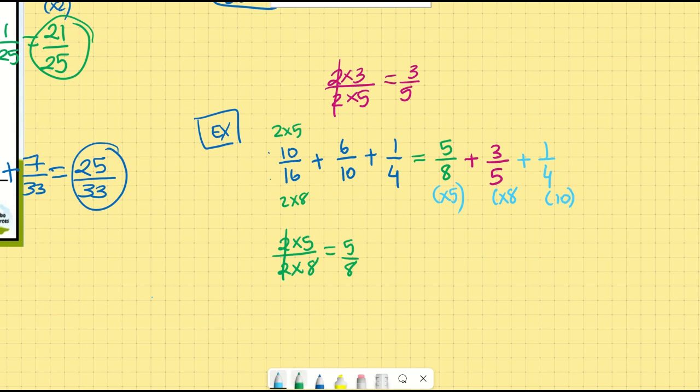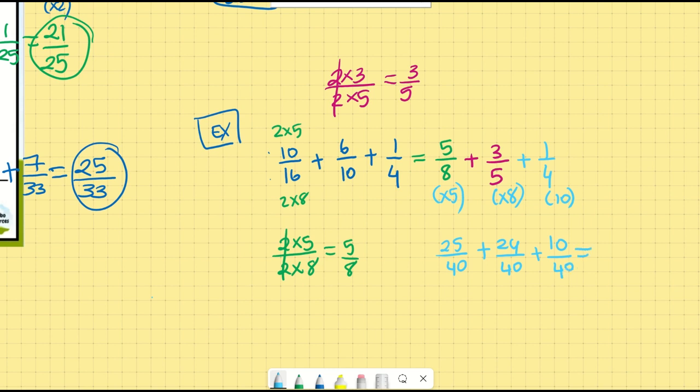Then I will write now the new numbers. It will be 5 times 5 is 25 over 40, plus 8 times 3 is 24 over 40, and then 10 over 40.